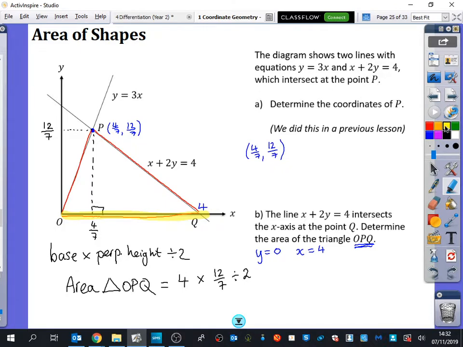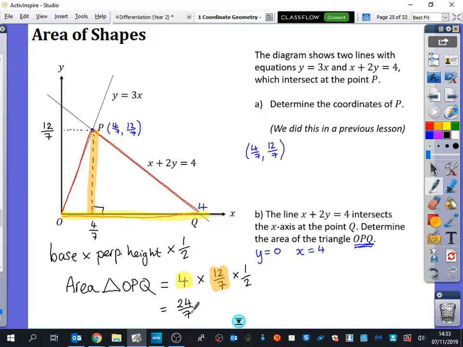Let's just do the base, and then by 2. In fact, instead of dividing by 2, I'm multiplying by a half. Four times 7 over 2. Can you do that in your head? The area is 4/7.